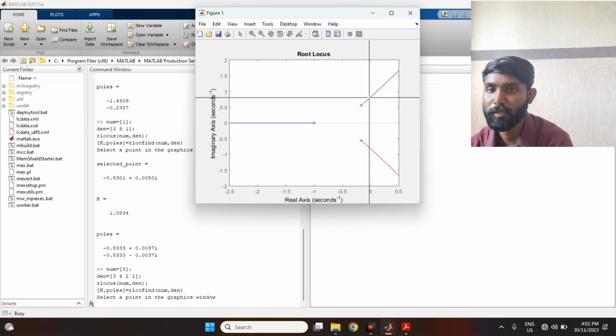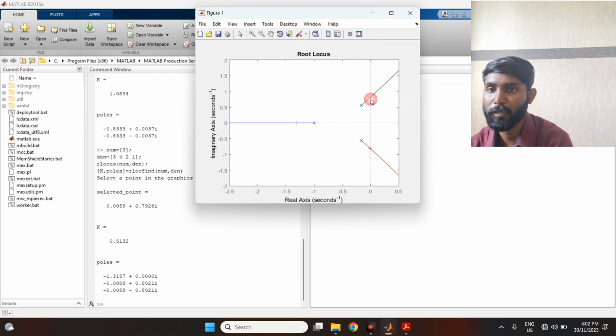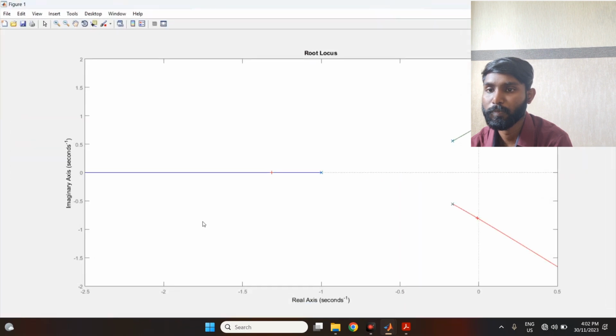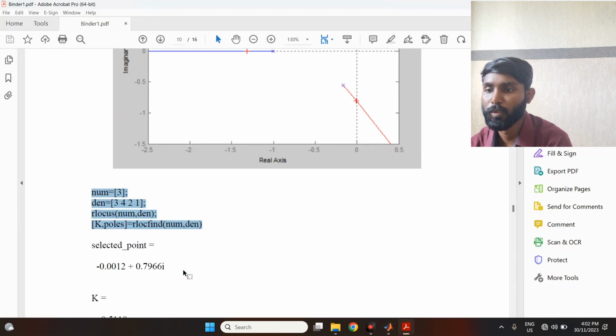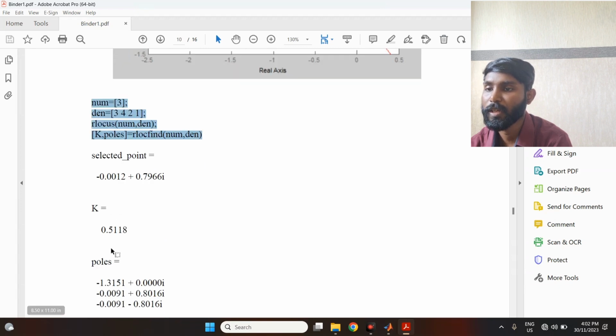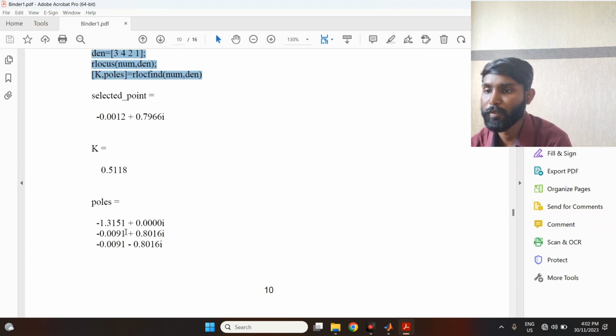The selected point is negative 0.0012 plus 0.7966i, and K is 0.5118. As for the poles, they are negative 1.3151 plus 0.0000i, negative 0.0091 plus 0.8016i, and negative 0.0091 minus 0.8016i.